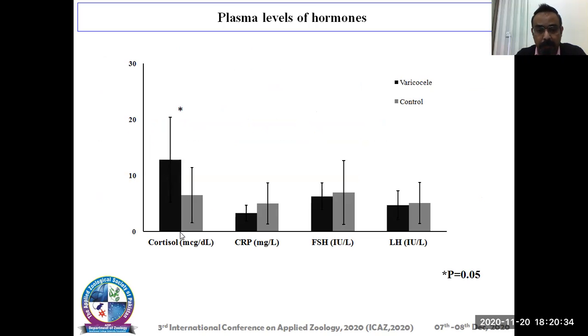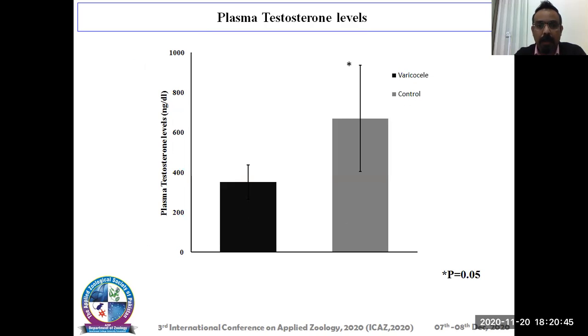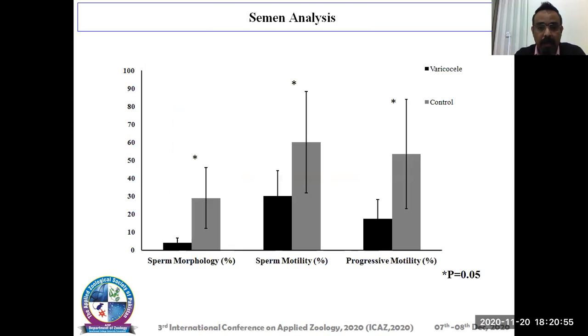The C-reactive protein was also lower, so there was no indication of any infection. The plasma testosterone levels were significantly low in these patients as compared to the healthy controls.